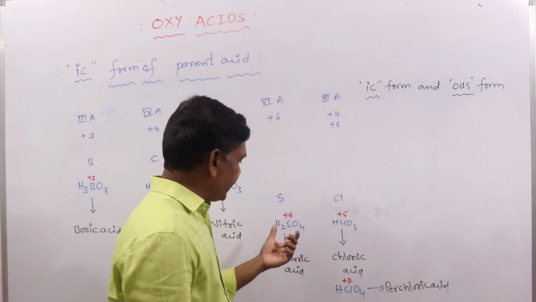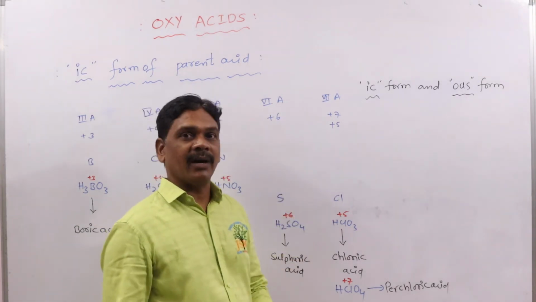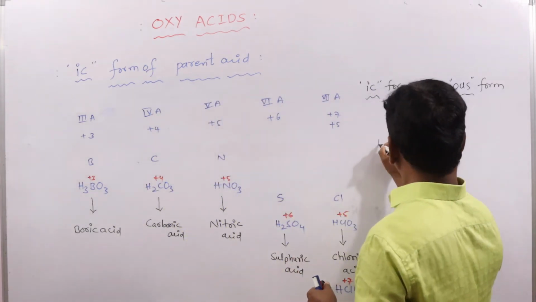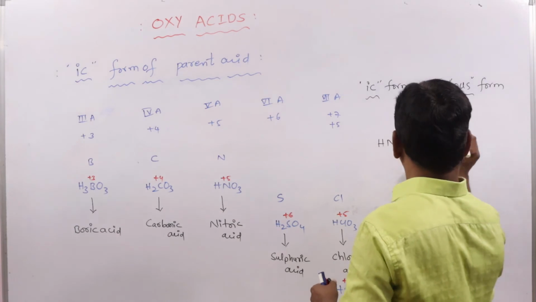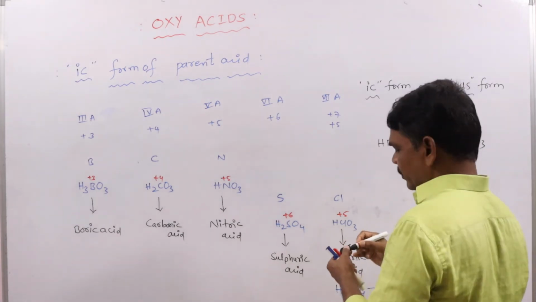If the oxidation state of the central element is less than the group number, that is known as what? As -ous acids. For example, HNO2 and H2SO3.